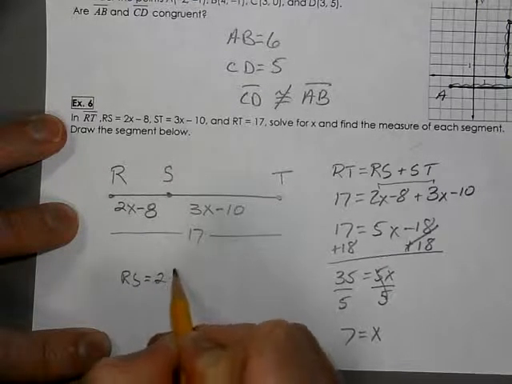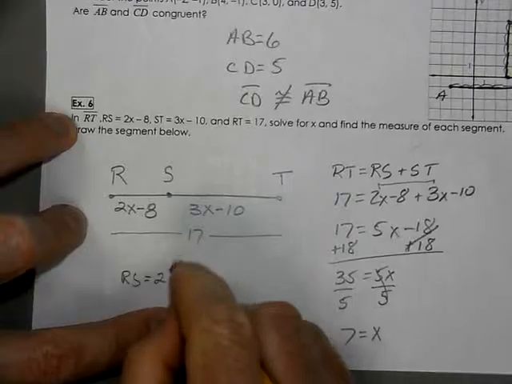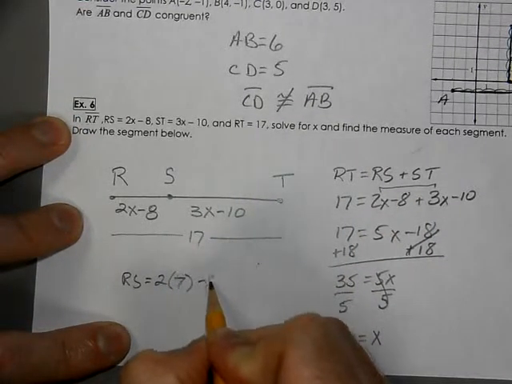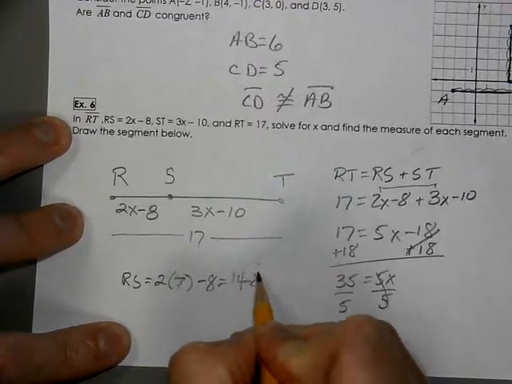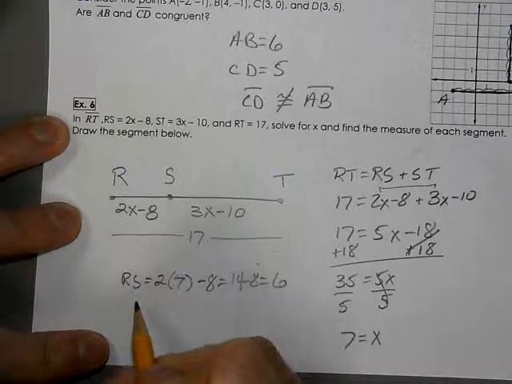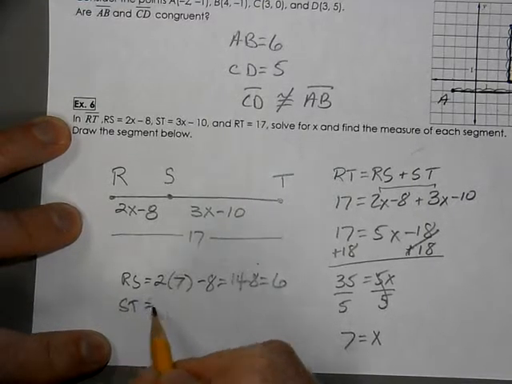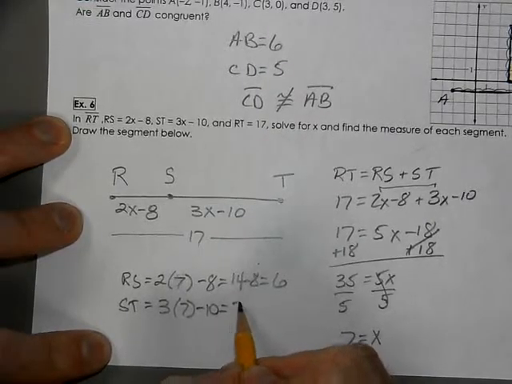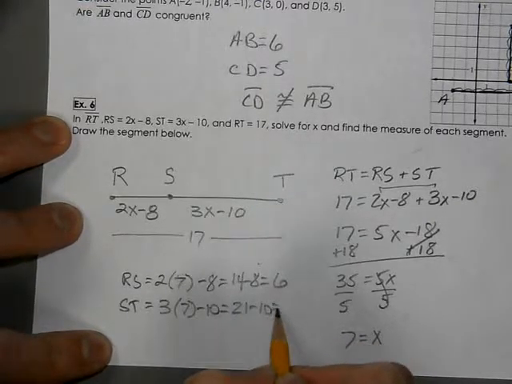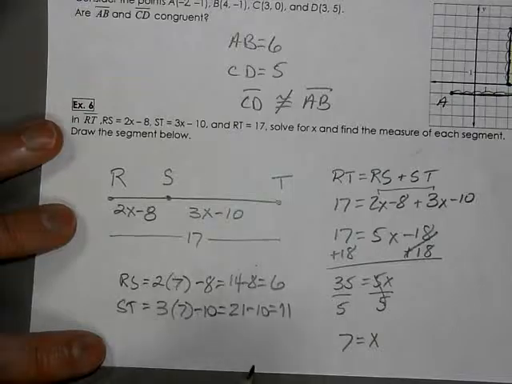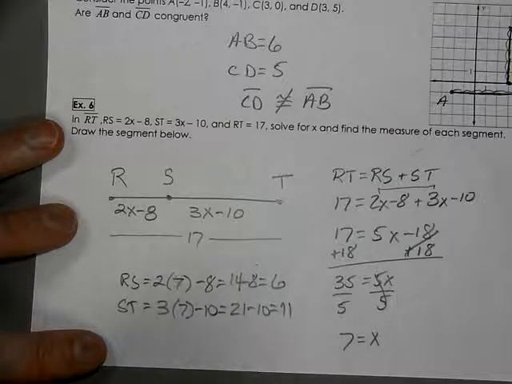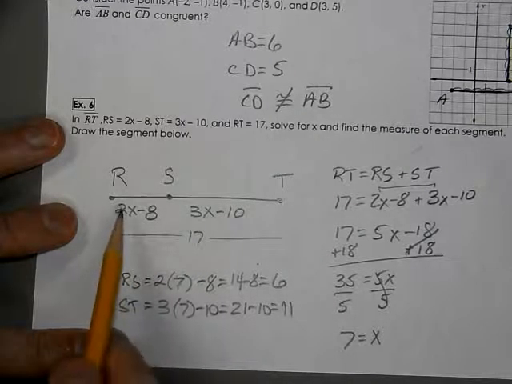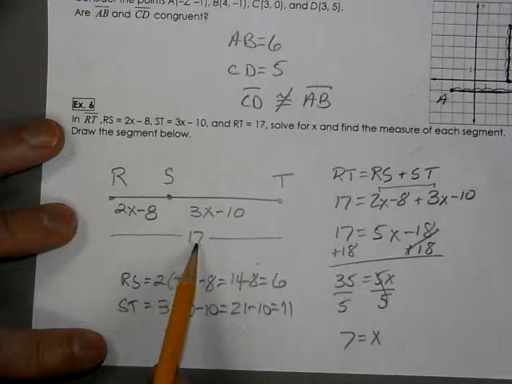RS is going to be 2 times 7 minus 8, 14 minus 8, which is 6, and ST is going to be 3 times 7 minus 10, which is 21 minus 10, which is 11. Those would be the lengths of the segments when x is 7. And x would be 7 when the two values add up to be 17.